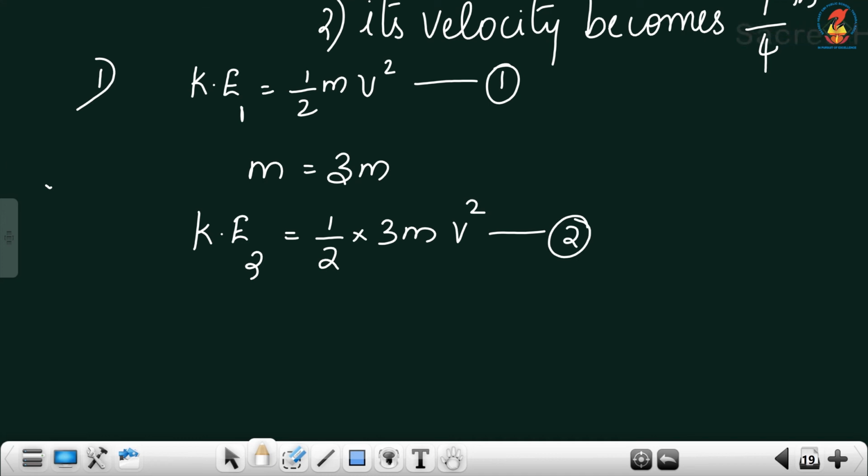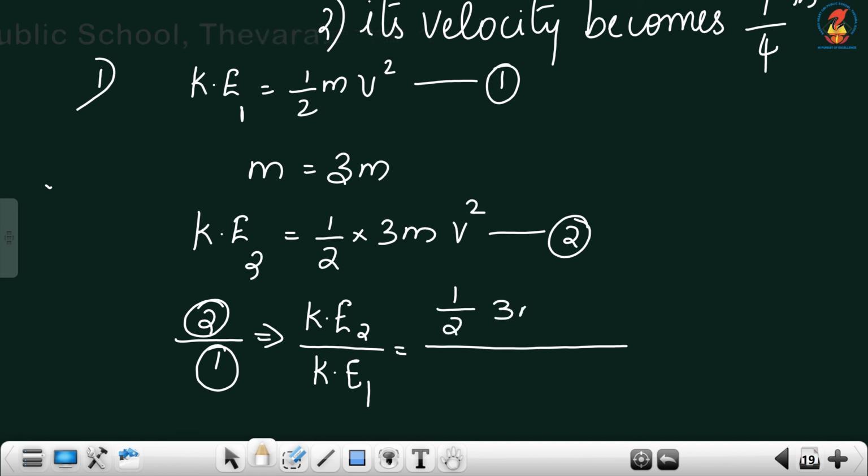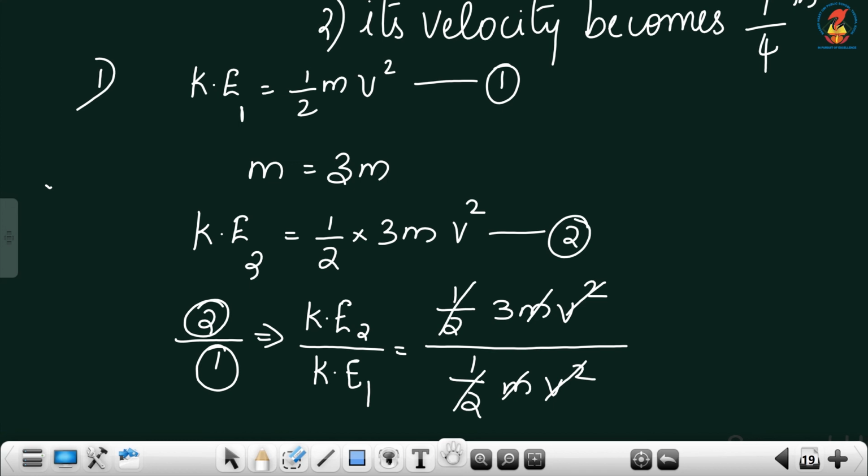Now, we need to divide equation 2 by 1. That is kinetic energy of the second one divided by kinetic energy in the first one, that is equal to half 3m v square divided by half m v square. We can cancel this v square, m and half will get cancelled.